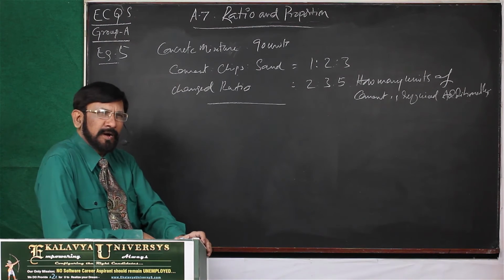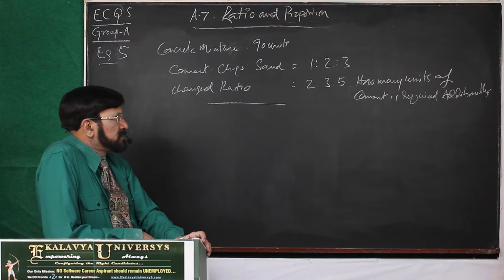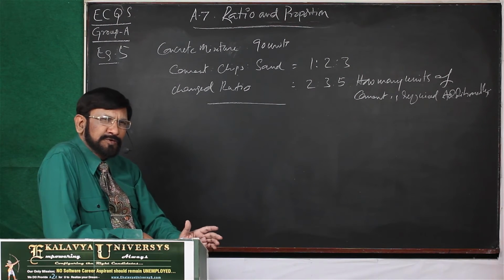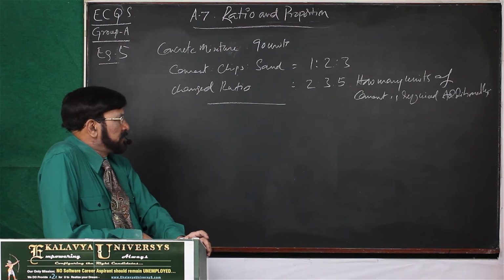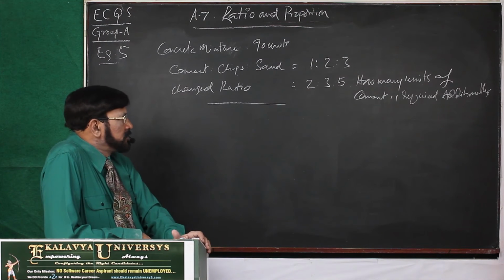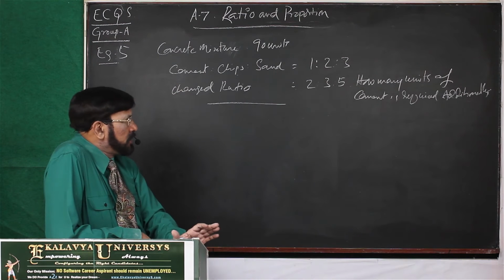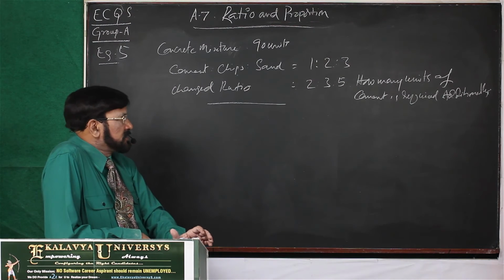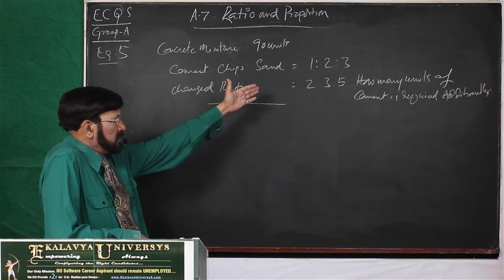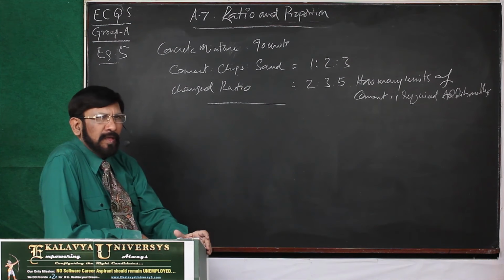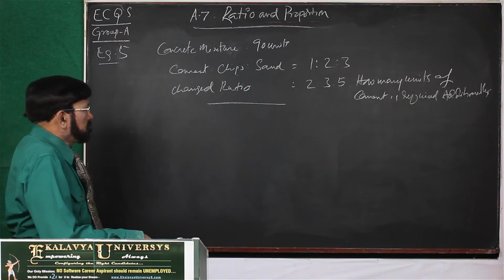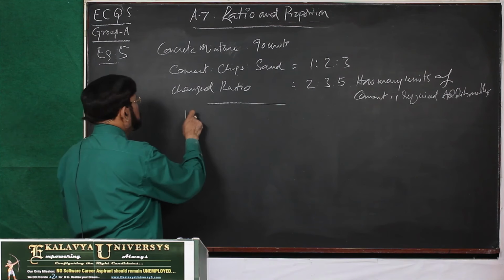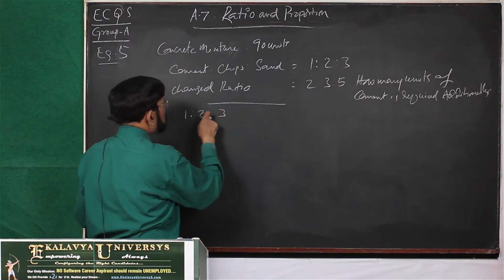Original ratio of cement, chips and sand is 1:2:3. The revised, modified ratio is 2:3:5. Then in such a case extra units of cement are required. How many extra units are required? So first, 1:2:3.